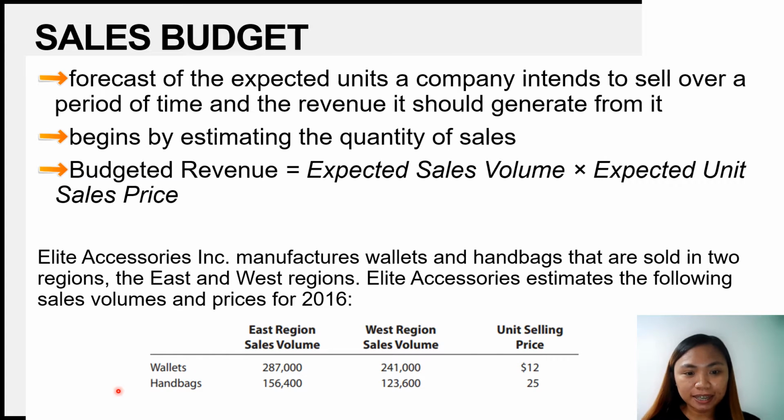For the handbags, the estimated sales volume in the East region is 156,400, while for the West region, it is 123,600. For the wallets, the unit selling price is $12 and the handbag is $25.